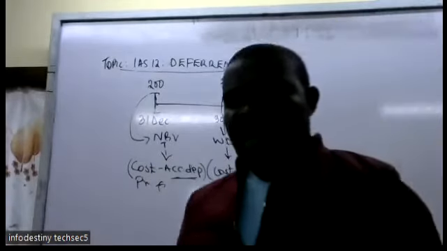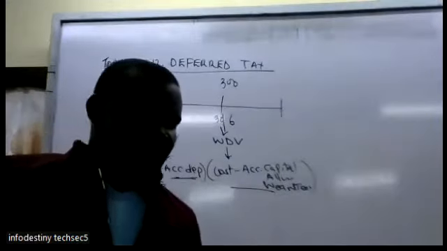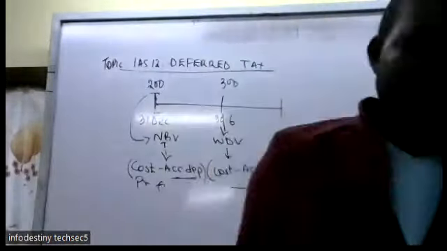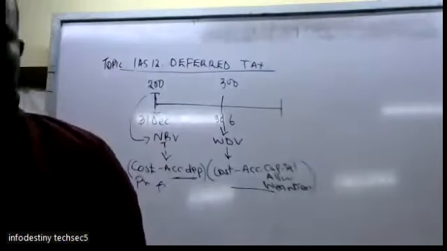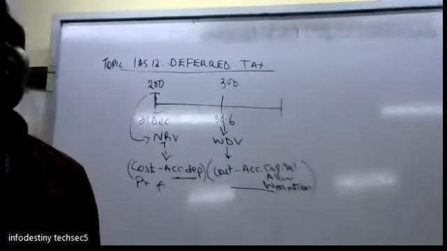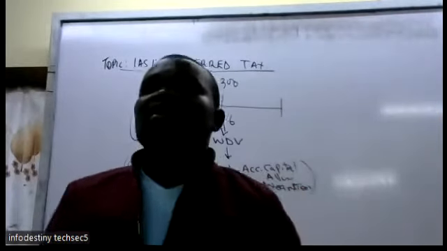Another hyphen: IAS 12 requires that deferred taxes should be computed.